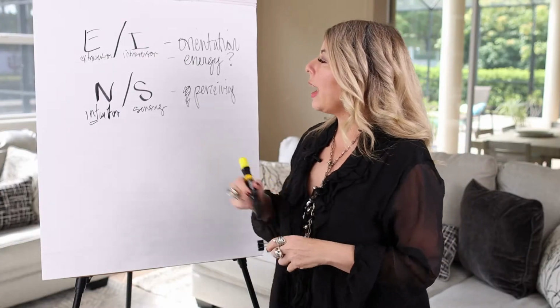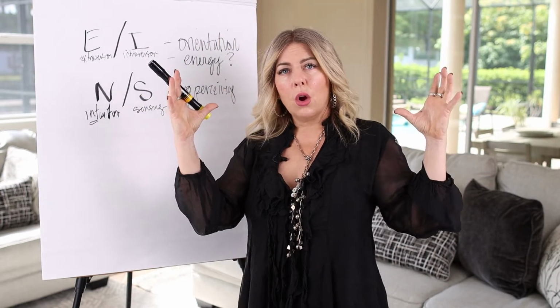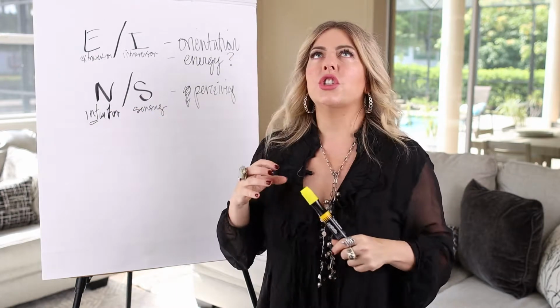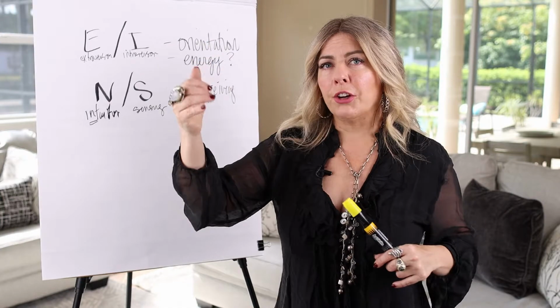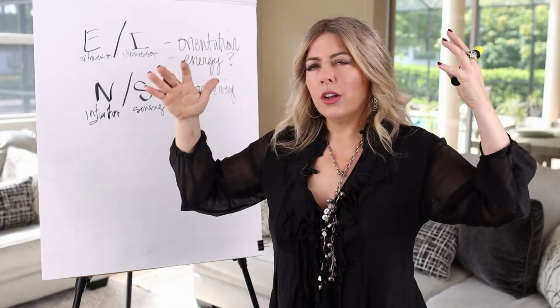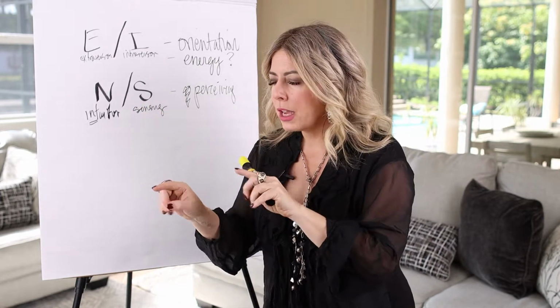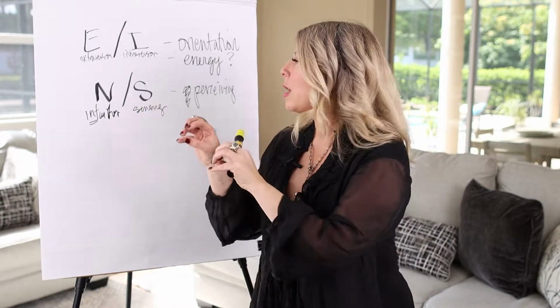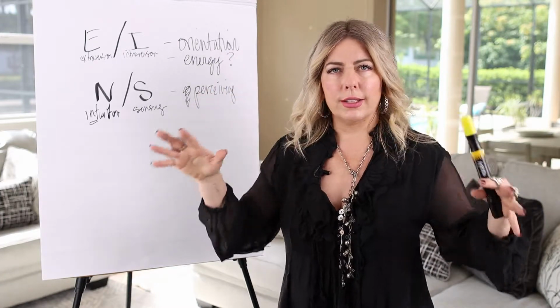So if this is how are you oriented to the world, this is how do you gather information about the world? Do you gather it through intuition, which is very associated to big picture ideas, recognizing patterns, ideation, right? Or do you gather information about the world from concrete senses, from your five senses, from what you see, what you hear, what you touch, etc., right?